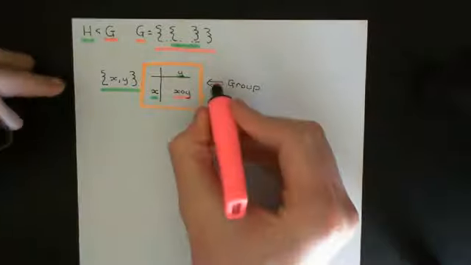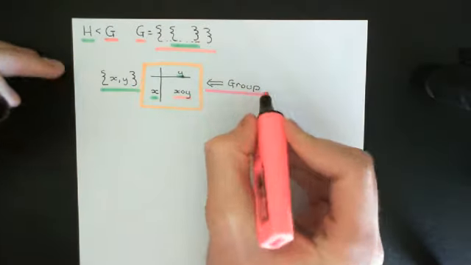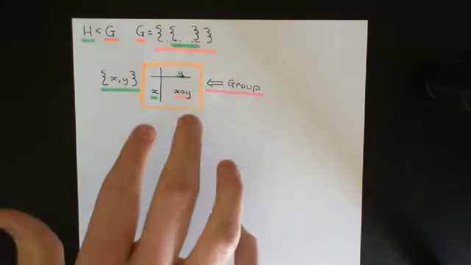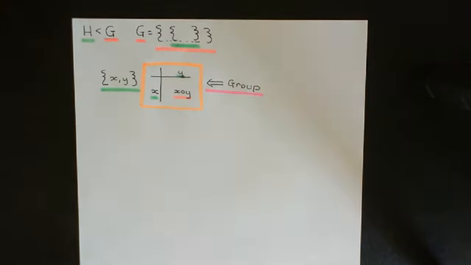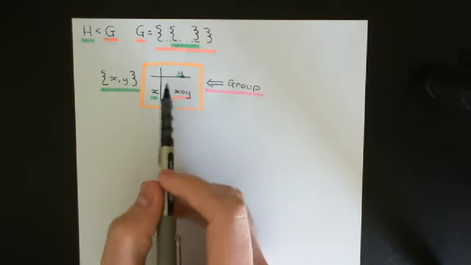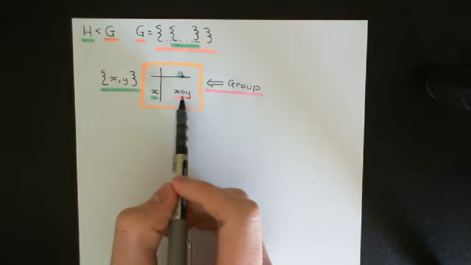Let's go through the axioms of group theory to highlight what this composition law needs to obey in order for this subset to be a subgroup. Axiom number 1 of group theory is that the composition law needs to be closed. That says that whenever you compose two elements of the group together, you have to get another element of the group.